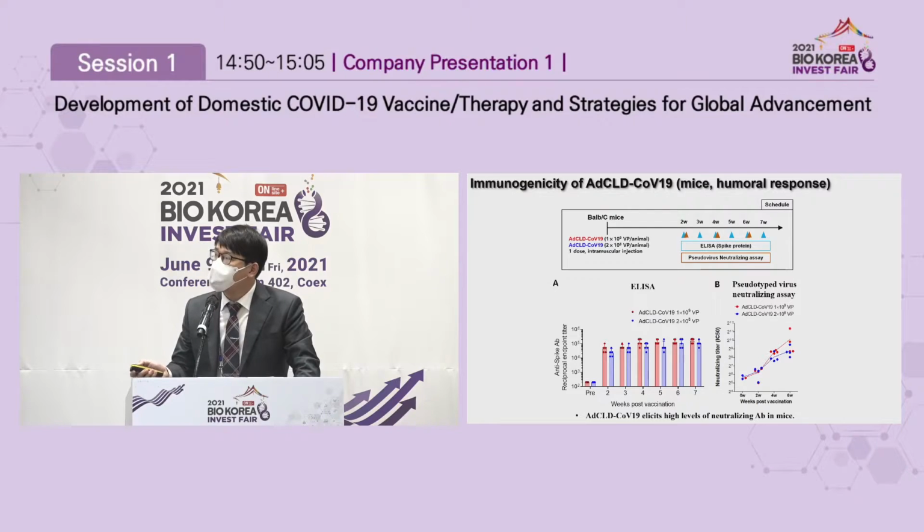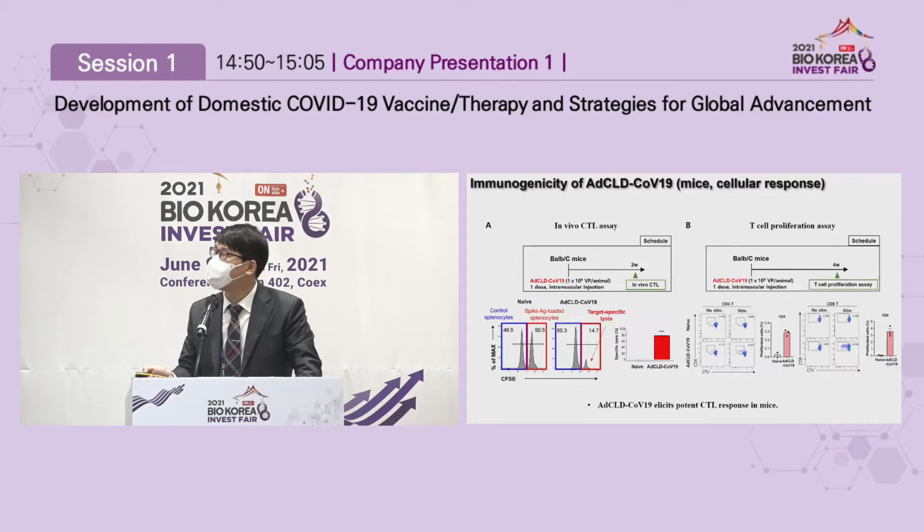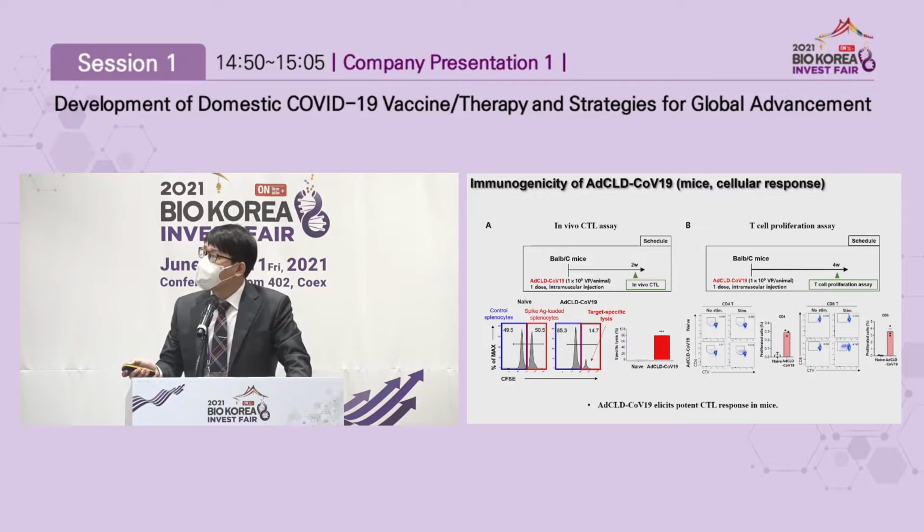Then I'll move on to the immunogenicity of ADCLD COVID-19. Through our tests on mice and monkeys, we saw effective results. We conducted T-cell analysis, and when we injected this vaccine, we saw that CTL was well activated, and it killed the virus, and it was well activated to the antigen.